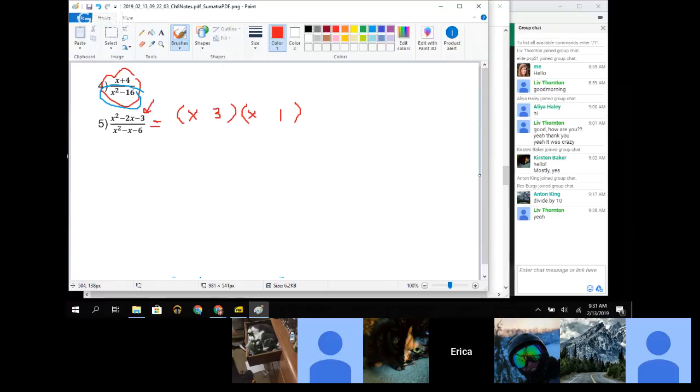So 3 has to be negative so that when I FOIL, I get -3x plus positive 1x, which gives me -2x. You guys remember doing that?